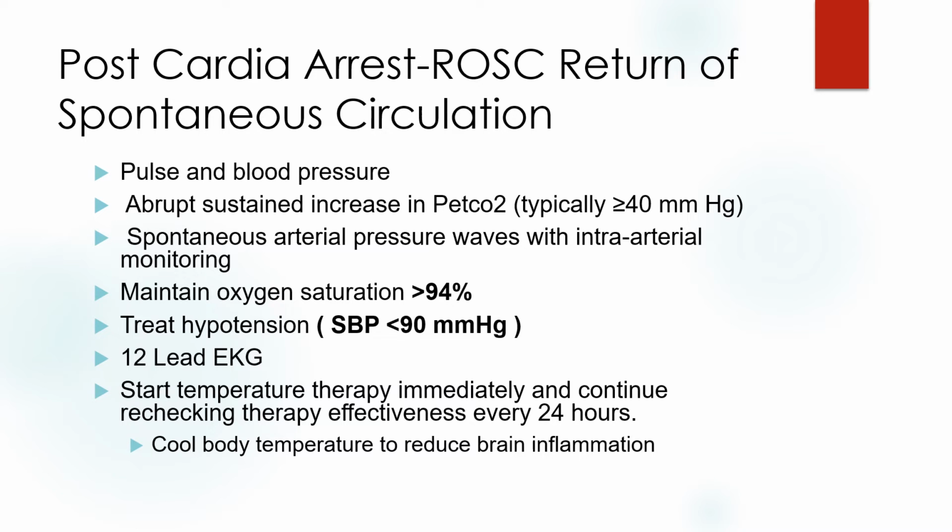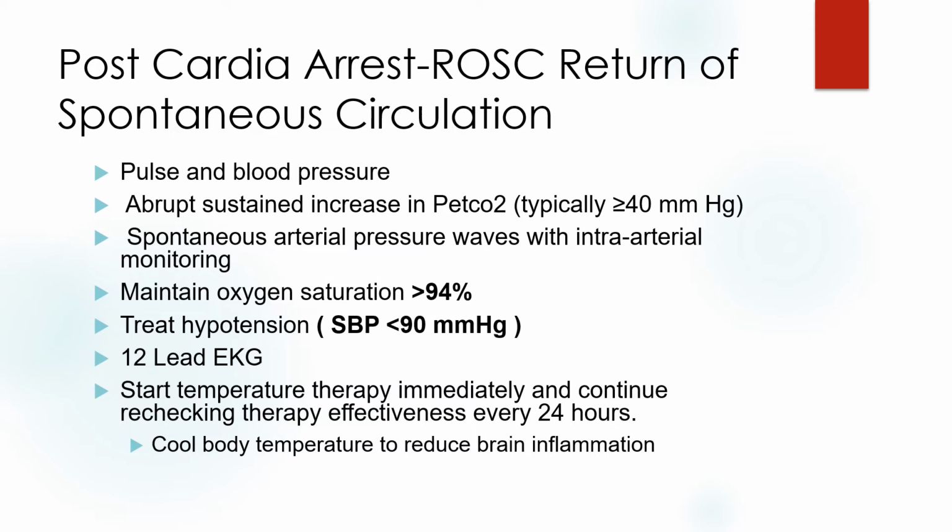So post-cardiac arrest and return of ROSC, which is return of spontaneous circulation. You have pulse and blood pressure, and we're going to be maintaining their oxygen sats greater than 94%. We're going to treat their hypotension, and we'll do a 12-lead EKG. Remember, this is a picture in time, and it's more sensitive.